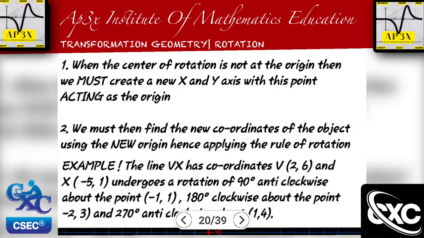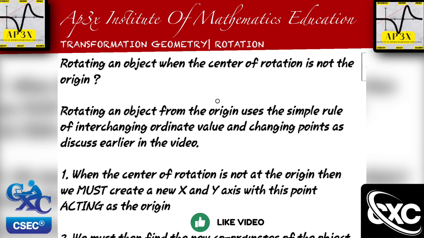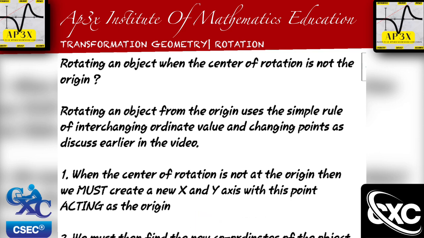All right, now here we're looking at rotating an object when the center of rotation is not at the origin. Rotating an object about the origin uses a simple rule of interchanging ordinate values and changing signs, as discussed earlier in part 1. So in part 1 we discussed that one of the easiest ways to rotate an object is to be very aware of the changes.